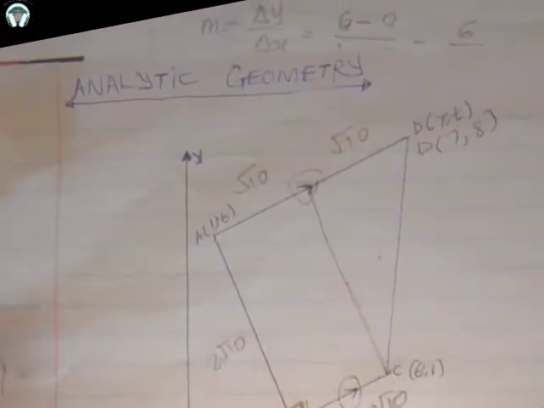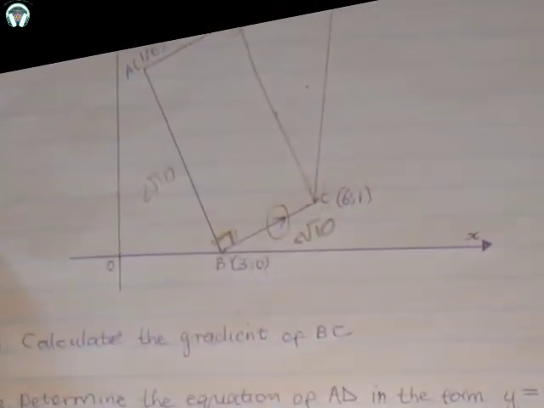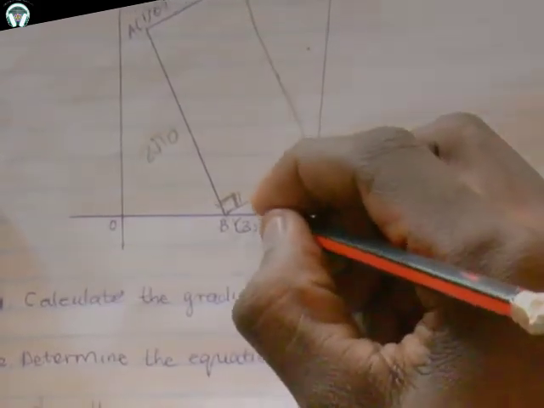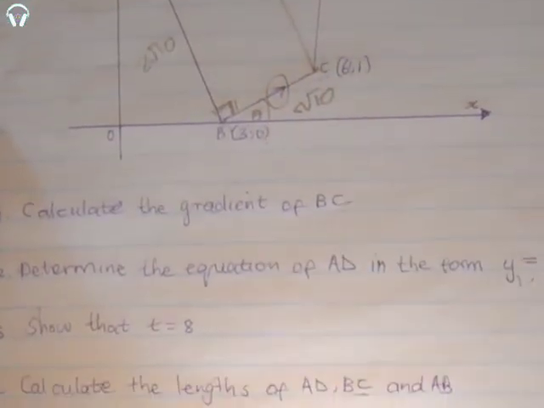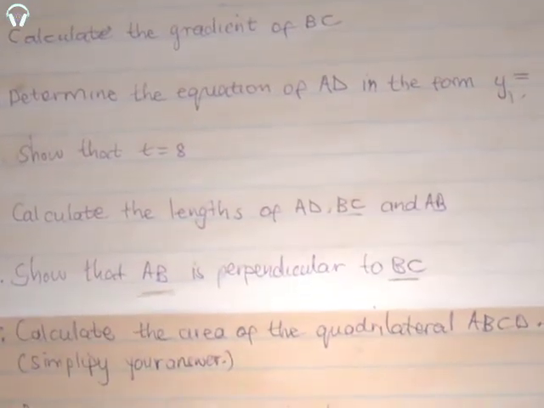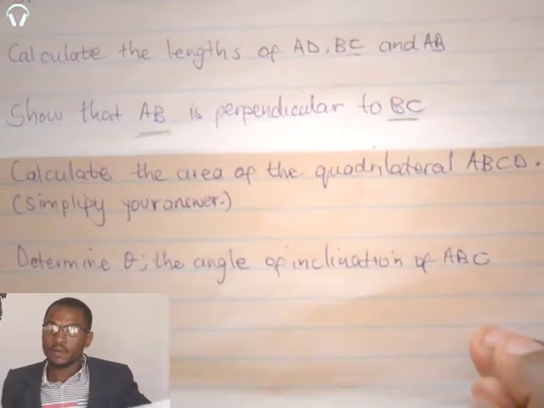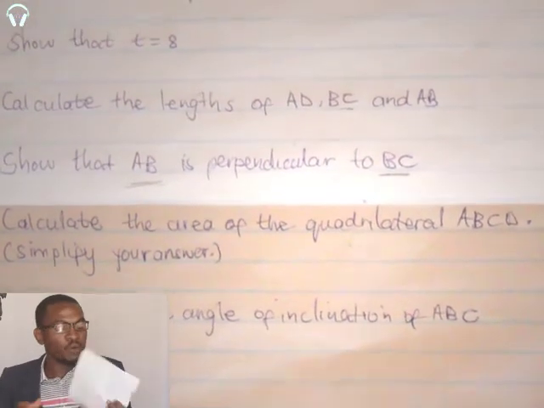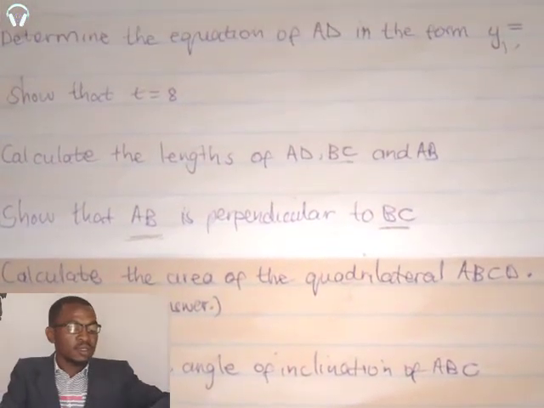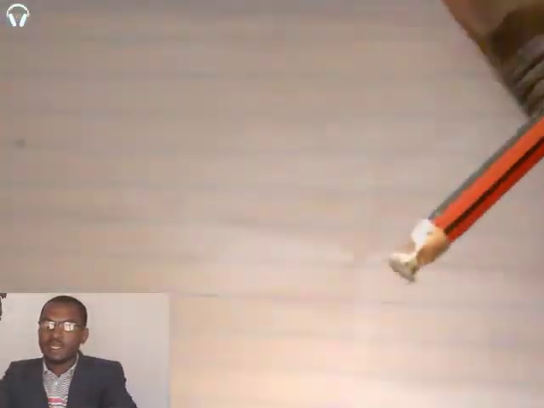Now for our last question, we are asked to determine theta, which should be here, the angle of inclination of ABC. The angle of inclination is the angle a line makes with the positive x-axis. And you find it by equaling the gradient to tan theta.